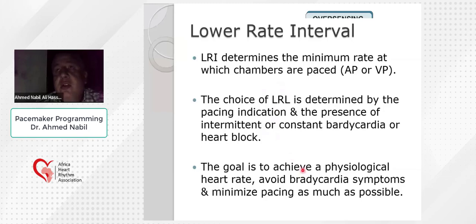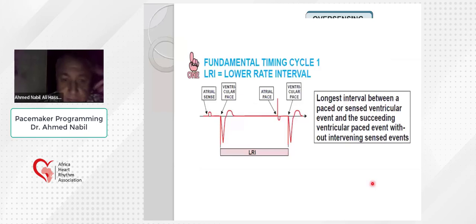And of course, I will adjust it at the rate that is physiologically suitable for the patient, according to his symptoms and his state. If I have the possibility of minimizing pacing as much as possible, I will do so, but at least this is the lower rate interval, so the pacemaker will not pace at a rate below this rate.